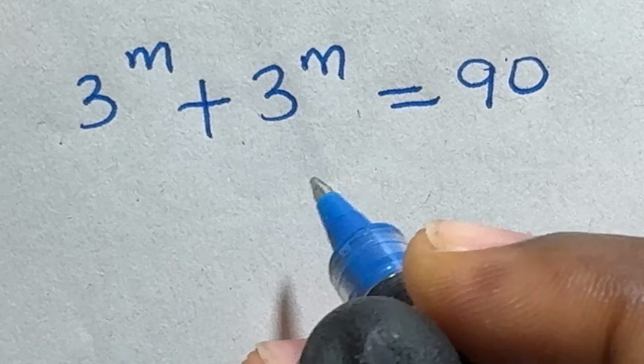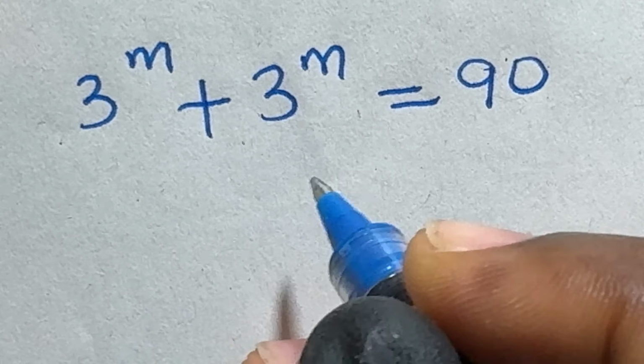So first of all, I'll express this as 2 into 3 raised to power m equals 45 times 2, so that when we divide through by 2, this takes care of this, and we can simply say 3 raised to power m is equal to 45.